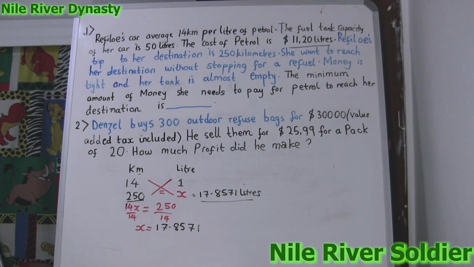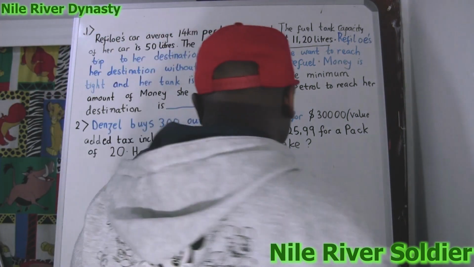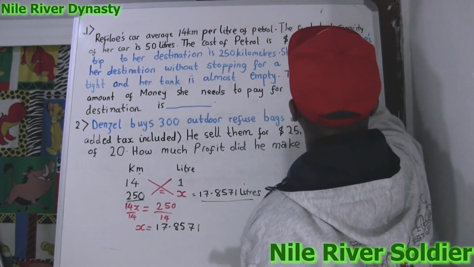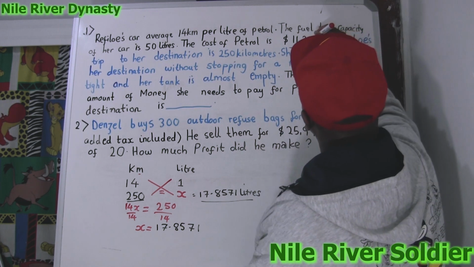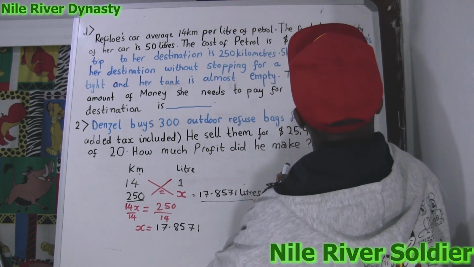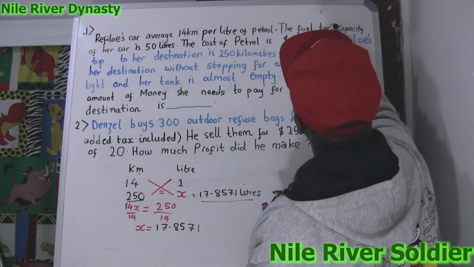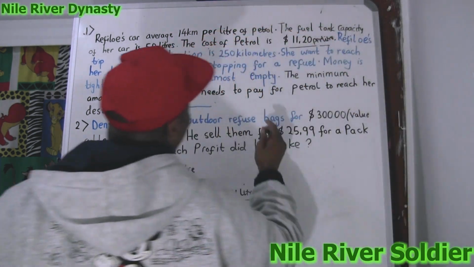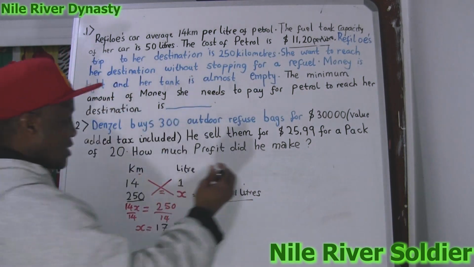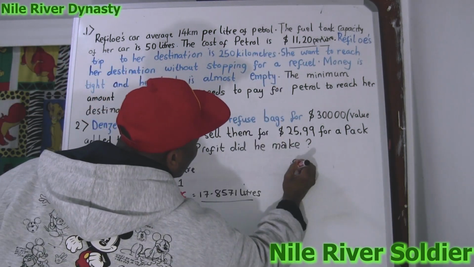I forgot here, it's supposed to be per liter. So this must be per liter, for each liter, 11 per liter. So now it's liter and money, so now it's dollar and liter.